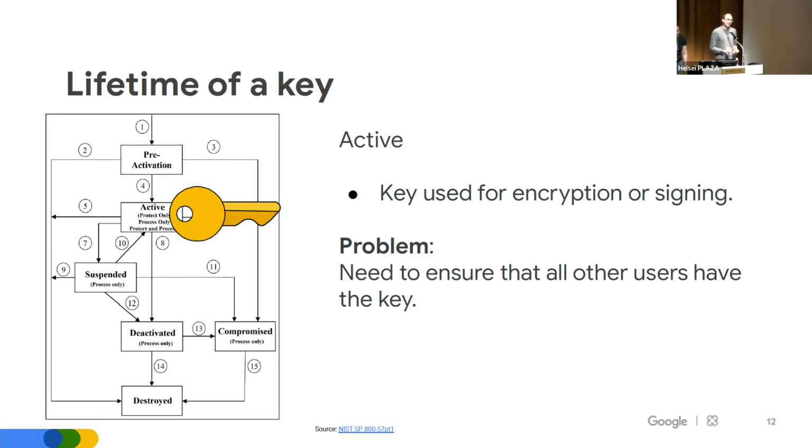In the next state, we start using this key material actively. We use this golden key for that, and you really use the key material for encrypting data or signing data. It's very important to ensure that all other parties which process data encrypted with this key have this key available.